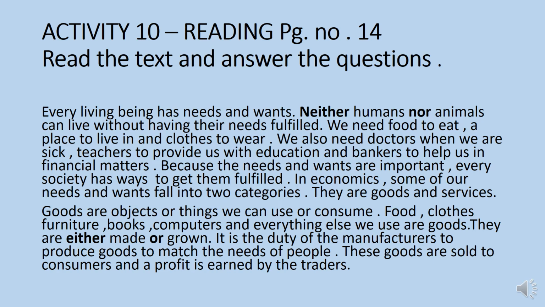Food, clothes, furniture, books, computers, and everything else we use are goods. They are either made or grown. It is the duty of the manufacturers to produce goods to match the needs of people. These goods are sold to consumers and a profit is earned by the traders. By reading this activity, you have to answer the questions, children. Let's move on to the questions.